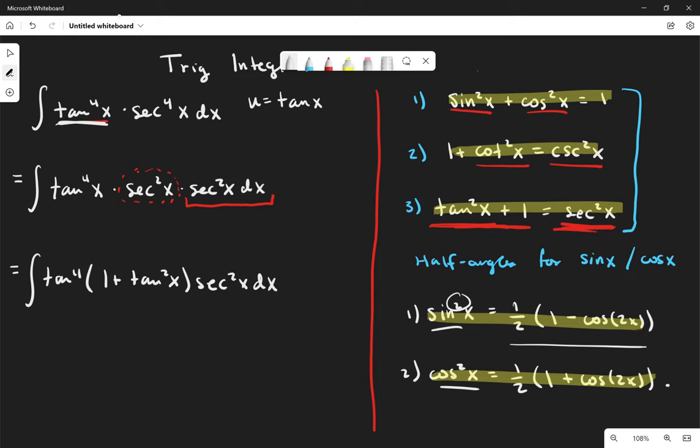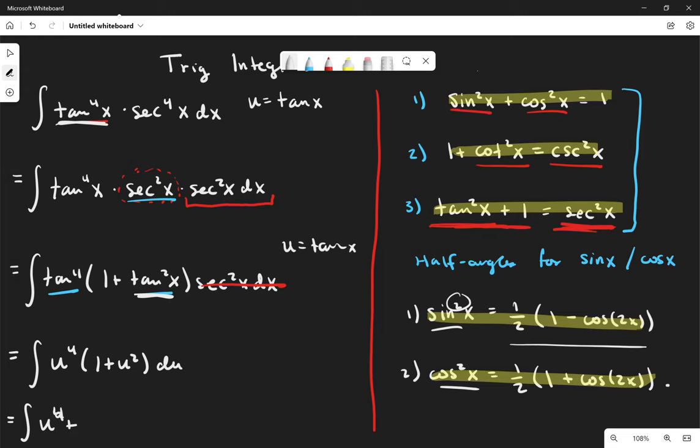And now I can actually do this u sub I wanted to do. Because I've turned everything else into tangents, I can get rid of this from my u sub, and this becomes the integral of u to the fourth times 1 plus u squared du. This is the integral of u to the fourth plus u to the sixth, which is u to the fifth over 5 plus u to the seventh over 7, and then you can sub that in.